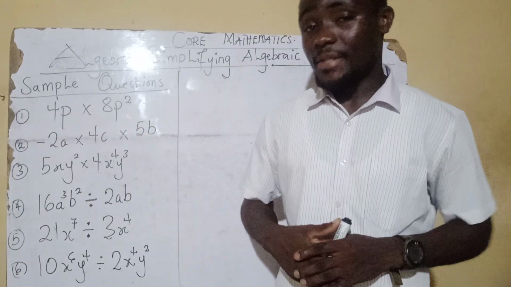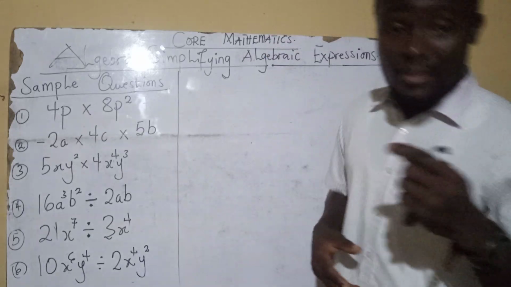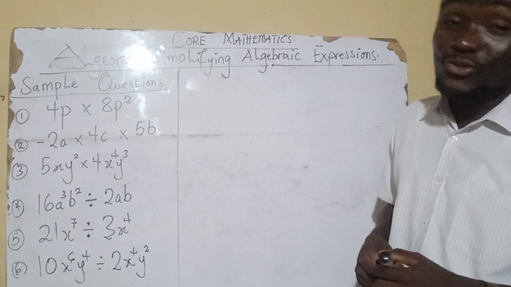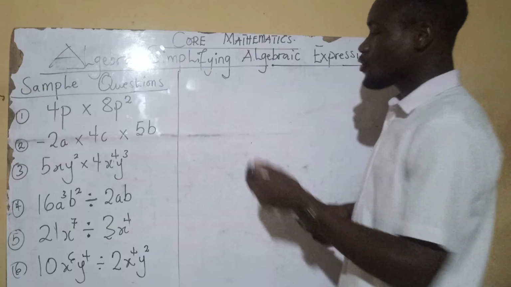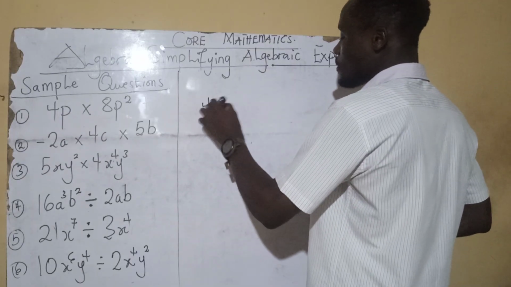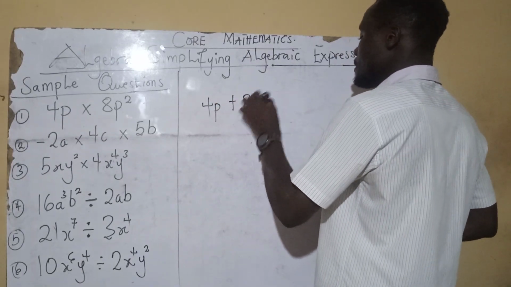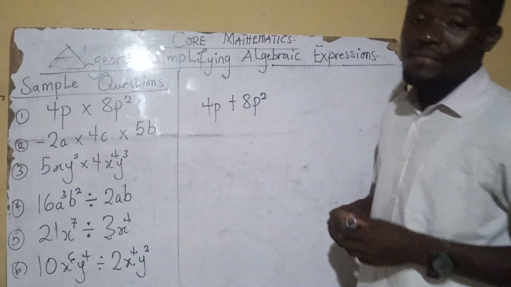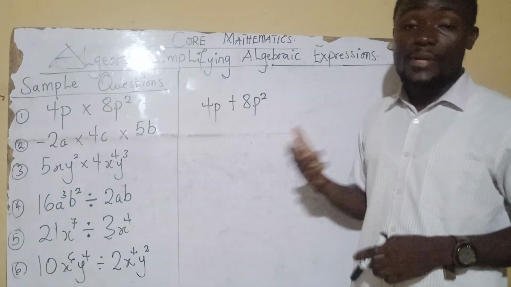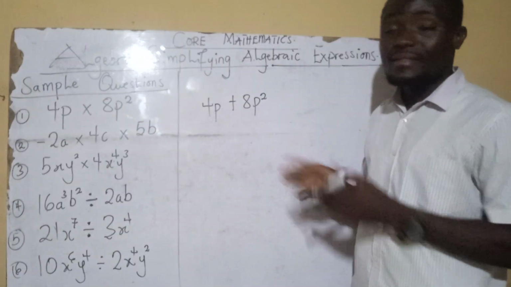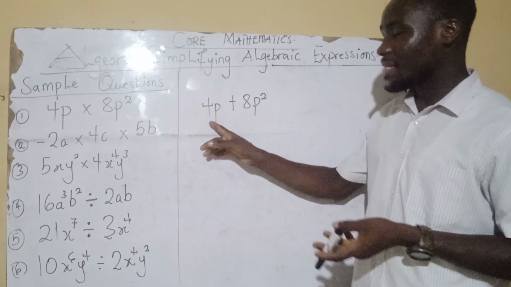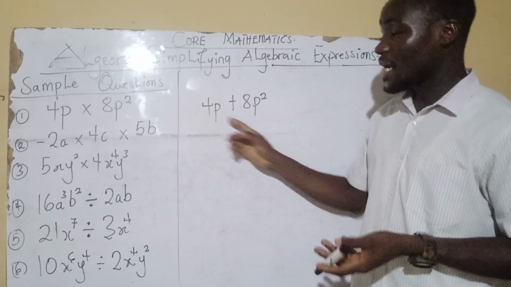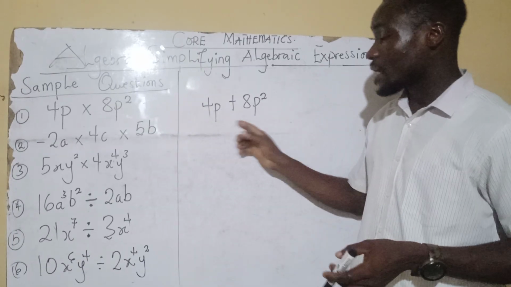Let's take a look at this so that you understand what I'm trying to say. Assuming we have 4p plus 8p squared, under addition of algebraic expressions, we cannot add this and say the answer is 12. No, we cannot add this. Why? Because they are not what?